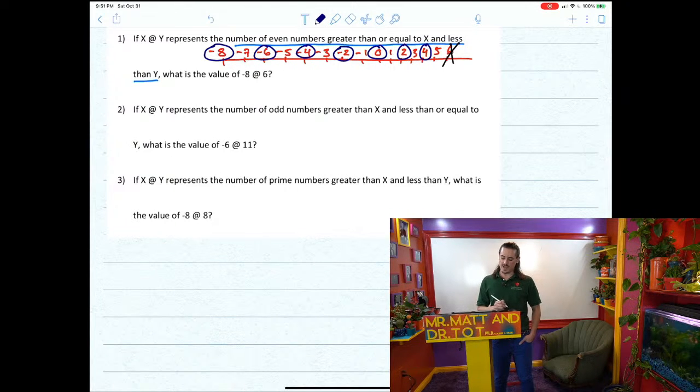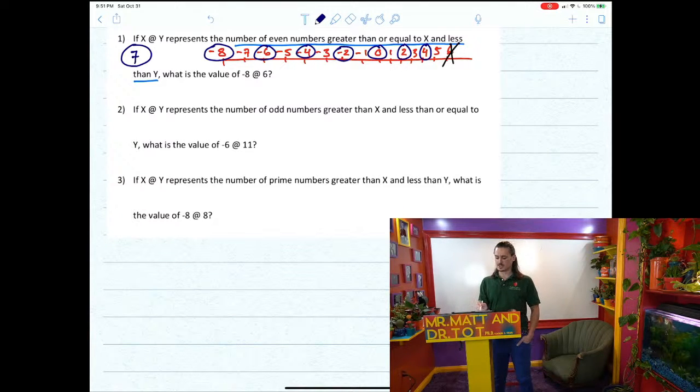Number 2, if x at sign y represents the number of odd numbers greater than x and less than or equal to y, what is the value of negative 6 at sign 11? So now we're going to draw a number line between negative 6 and positive 11. We have to be greater than x, so we can't count negative 6, but we can be less than or equal to y, so we can count 11 if it applies to the characteristic we're testing.